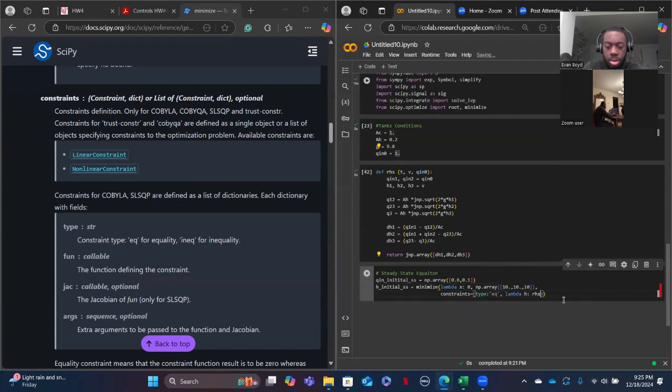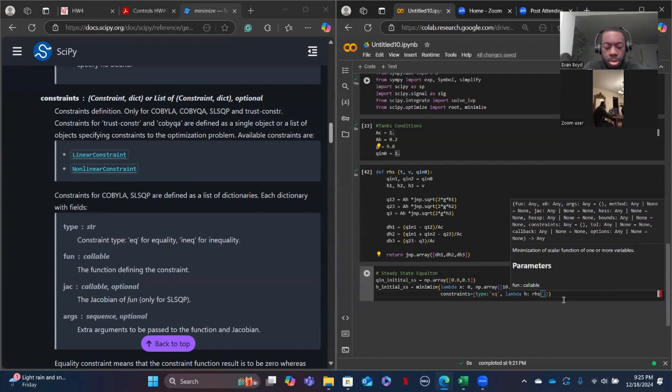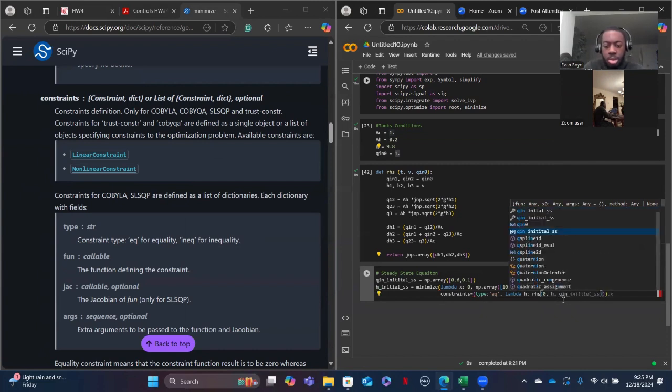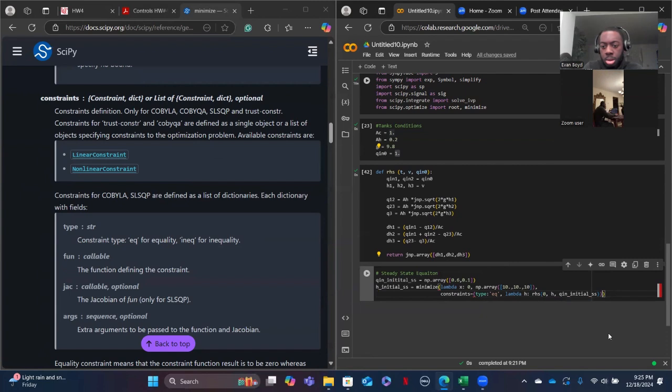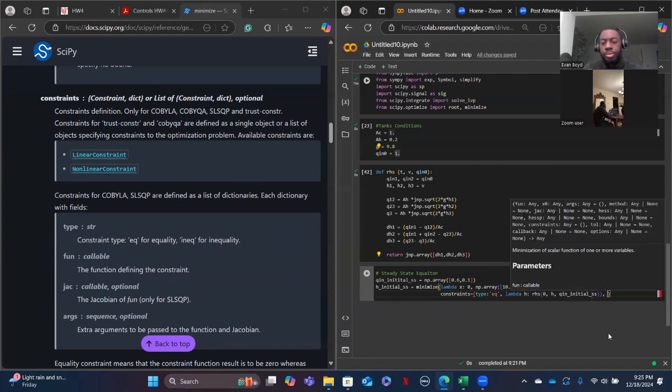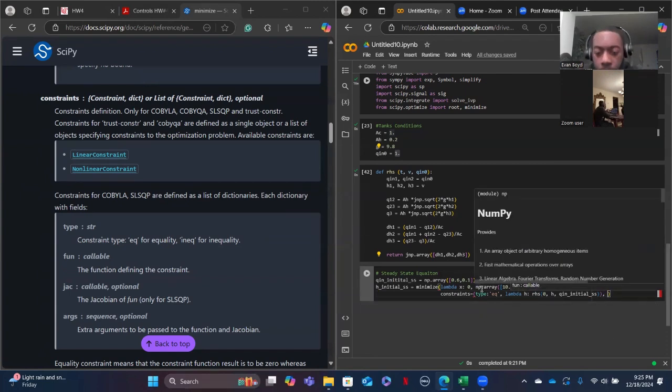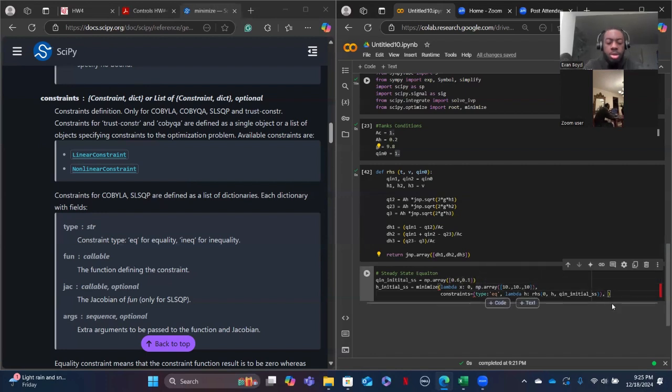Right hand side, 0, initial height, so H steady state. Okay, so basically what I'm saying here is, let me finish the rest.